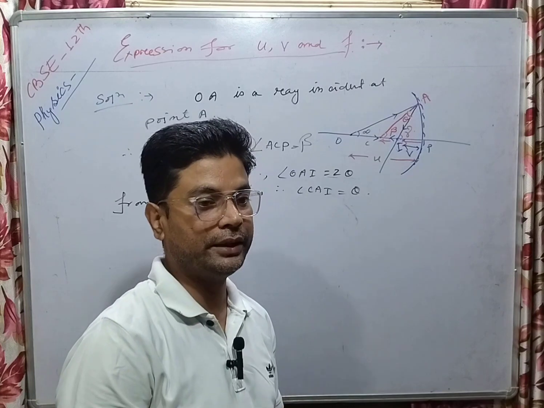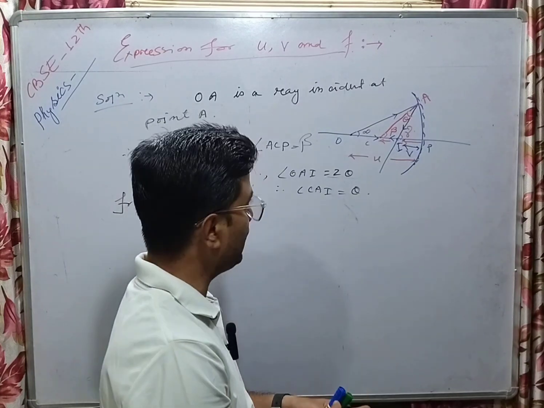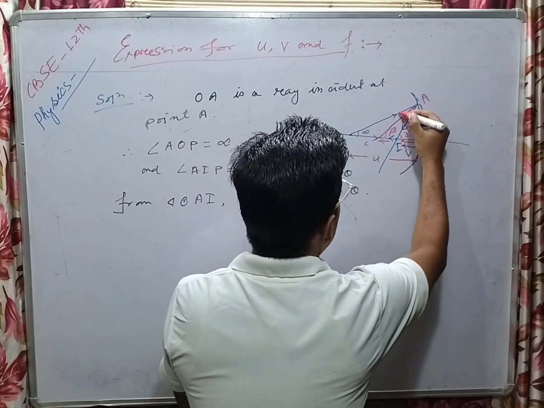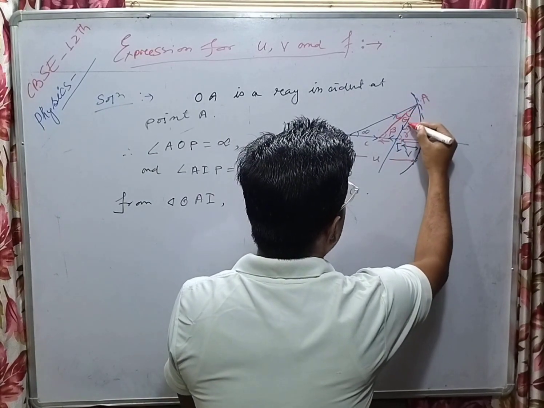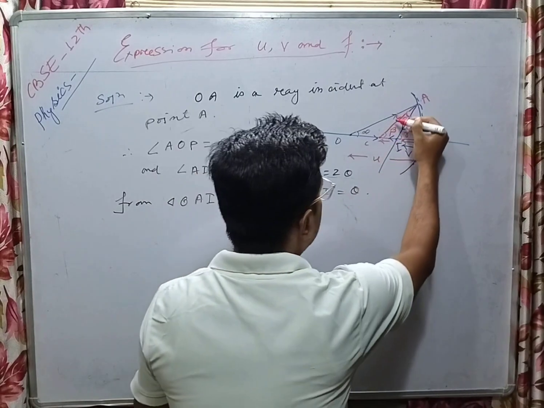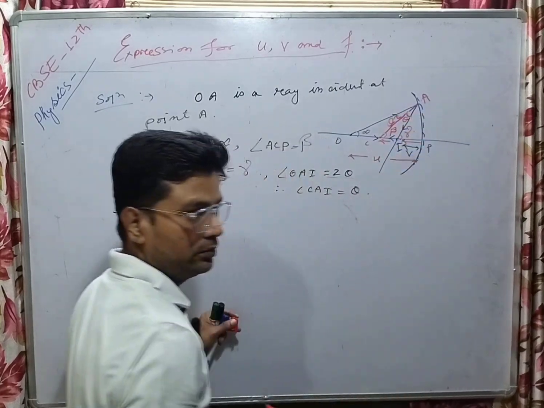According to the laws of reflection, the incident angle is equal to the angle of reflection. This incident angle, with this perpendicular, is equal to this angle of reflection. Therefore, these two angles are equal.